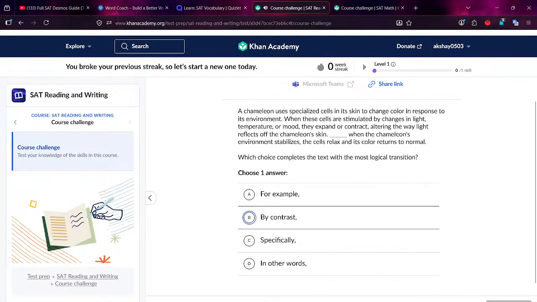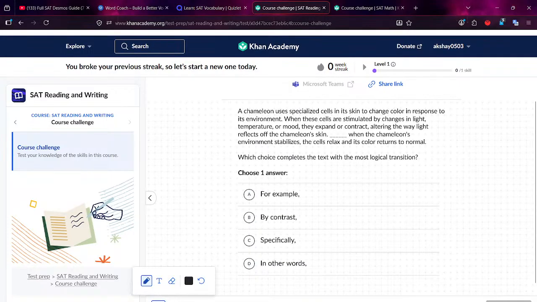A chameleon uses specialized cells in its skin to change color in response to its environment. When these cells are stimulated by changes in light, temperature, or mood, they expand or contract, altering the way light reflects off the chameleon's skin. Okay, what completes the text with the most logical transition?